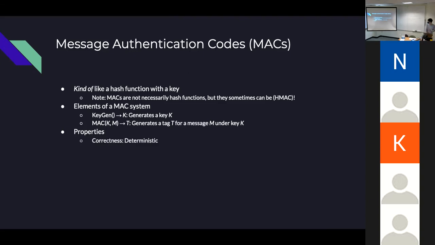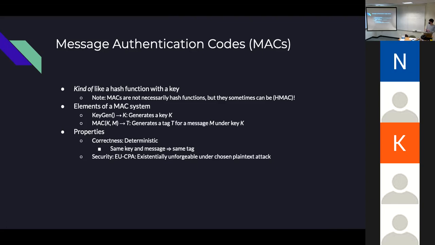Okay. Another question? Oh, okay, cool. So some properties that we need from this: it also needs to be deterministic. So if we have the same key and the same message, then we'll get the same tag out. And again, this is because we need to be able to verify the MAC by computing it ourselves and seeing if the tags match. Our security definition for this is EUF-CMA.